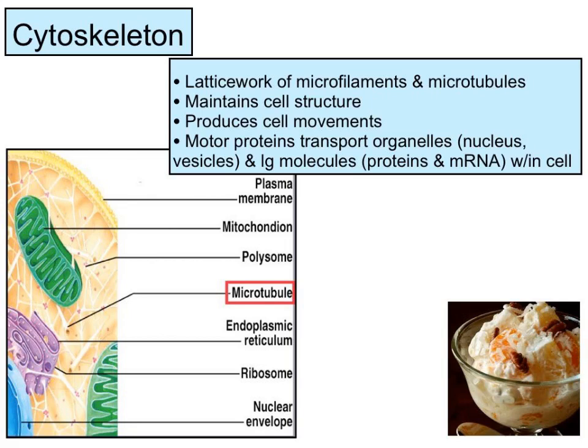And this lattice work provides for cell movements, so that proteins and organelles and chemicals can move within the cell. So if we look at this lattice work, we see that it's like a whole highway, right? Transportation routes, right within the cell.